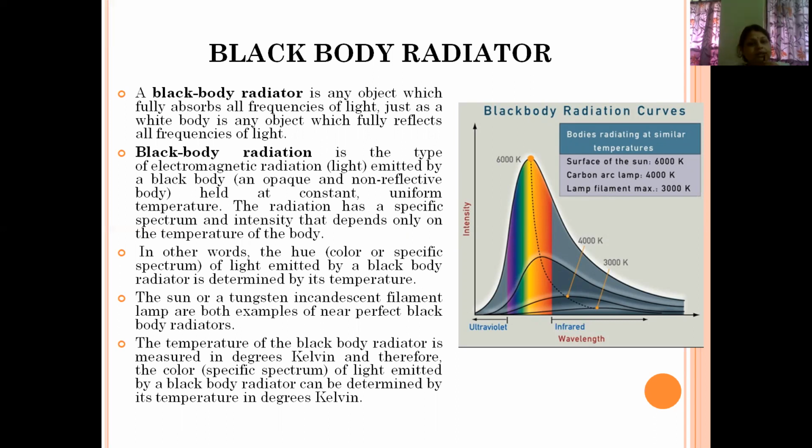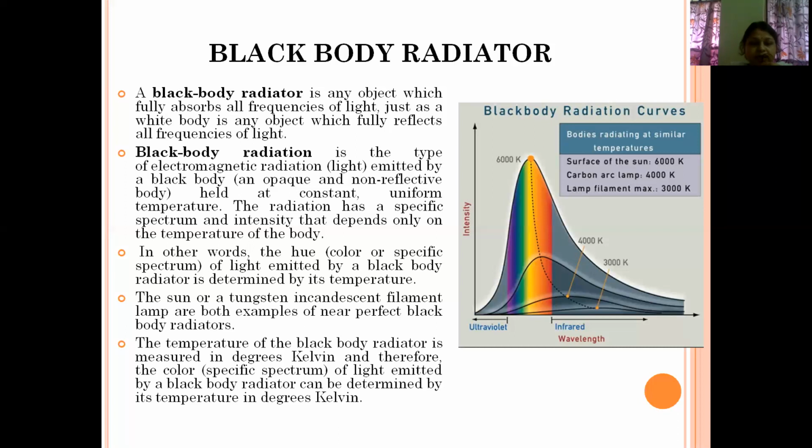In other words, the hue or color of the specific spectrum of light emitted by a black body radiator is determined by its temperature. The sun or a tungsten incandescent filament lamp are both examples of near perfect blackbody radiators.